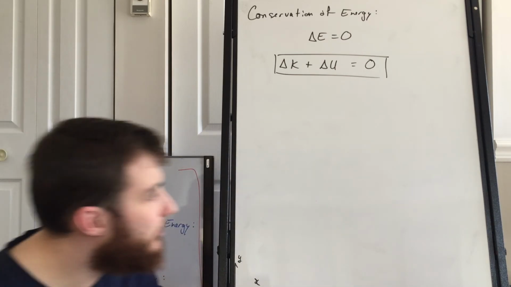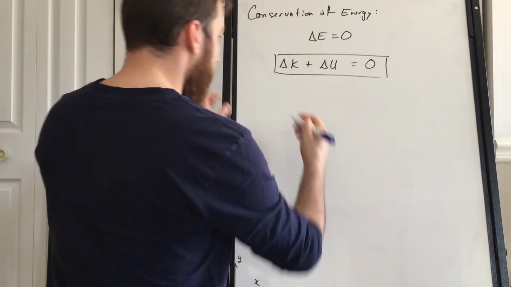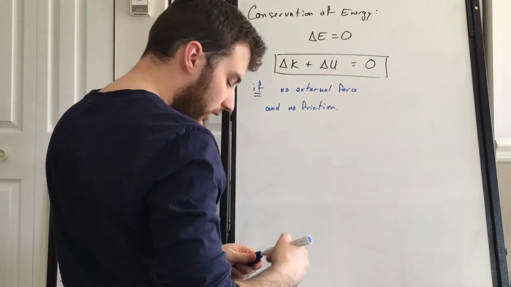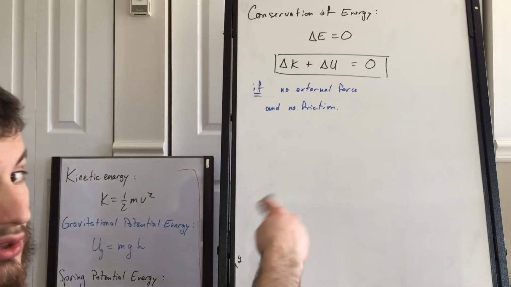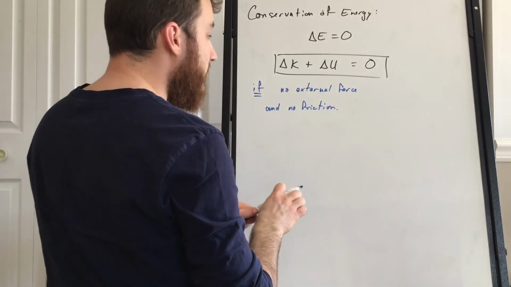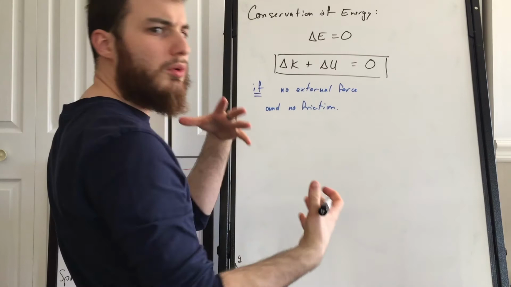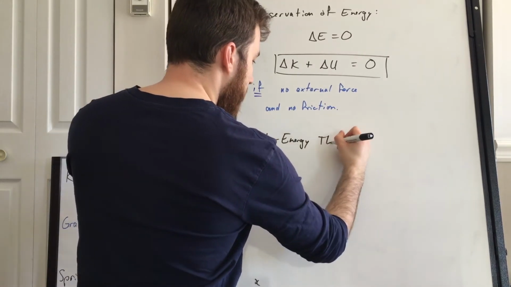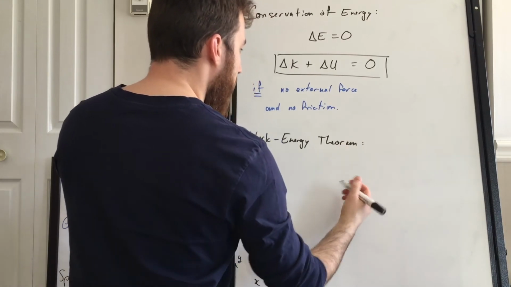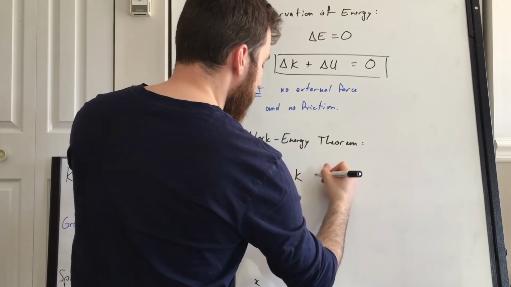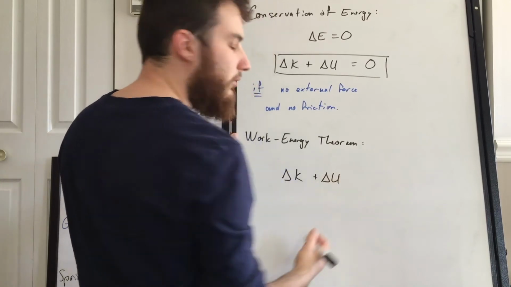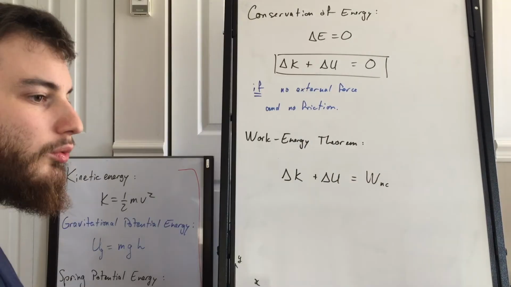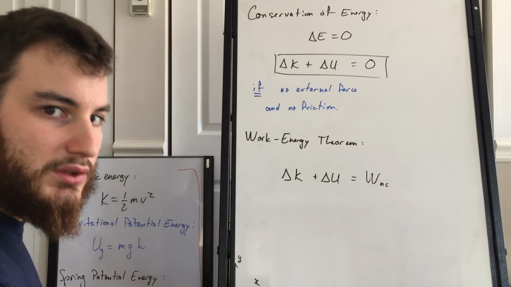So conservation of energy, if we do have either of those, generalizes into the work-energy theorem, which says that the change in kinetic energy plus the change in the potential energies, gravitational and spring, is equal to the sum of the works done by non-conservative forces.